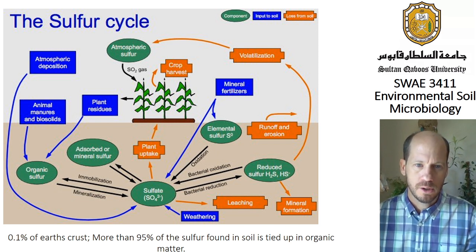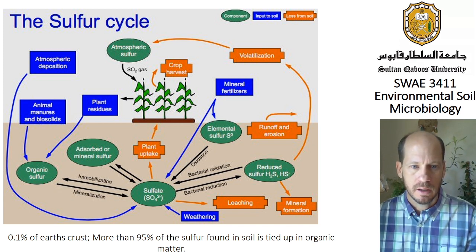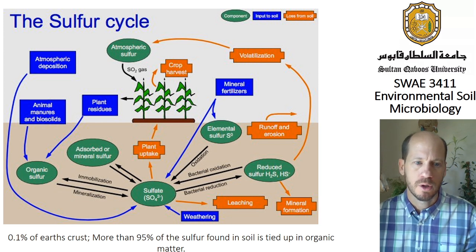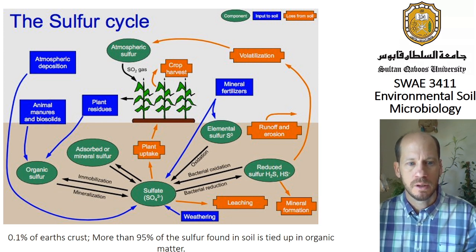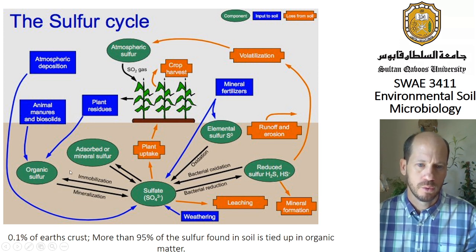So once you add these amendments to the soil, they will tend to be oxidized and become part of the sulfate pool in the soil, and will be incorporated into the organic matter, into the microbial biomass, and will become part of the organic sulfur pool. And there's going to be a cycle between the inorganic sulfate and the organic sulfur pools.